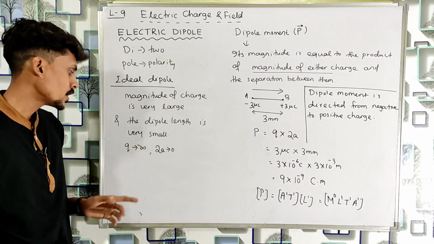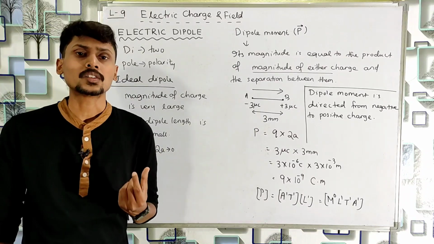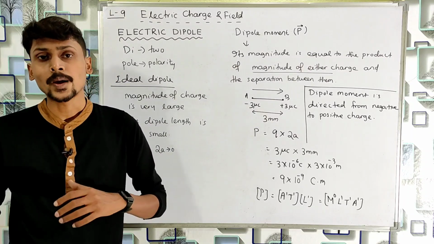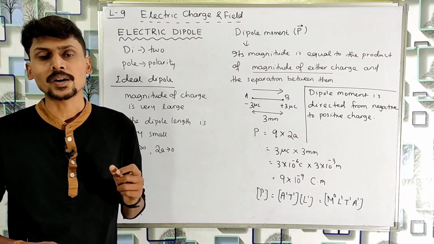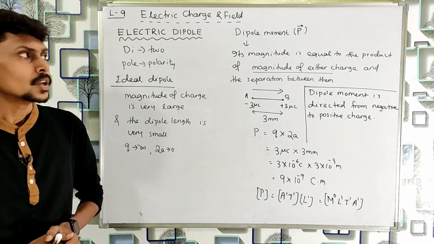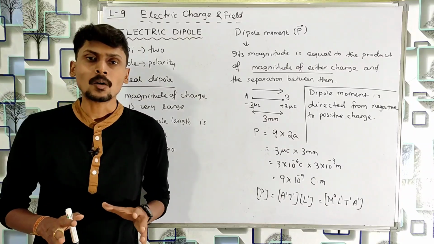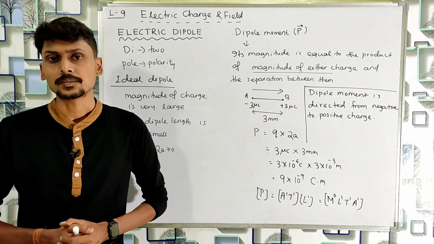That's why I have written q tends to infinity, meaning the magnitude of the charge in that dipole is very large and the separation between the two charges is very small. So this is all about electric dipole, its dipole moment and the direction.